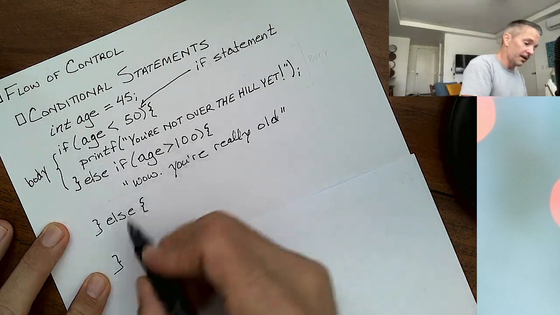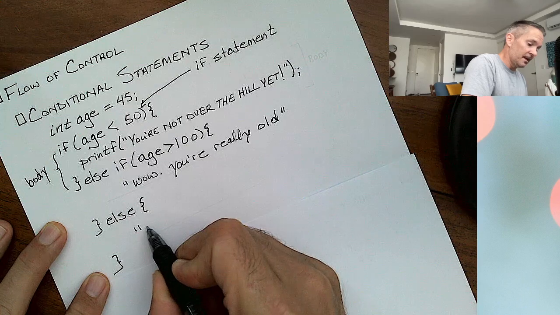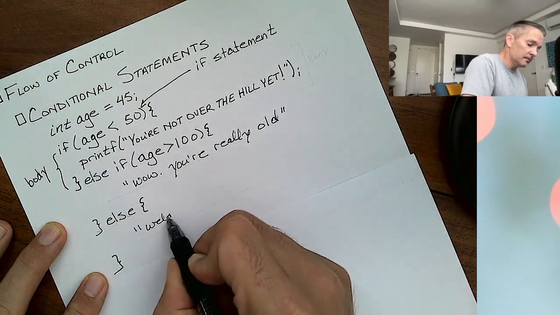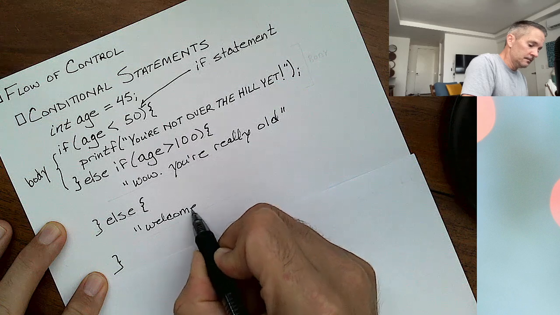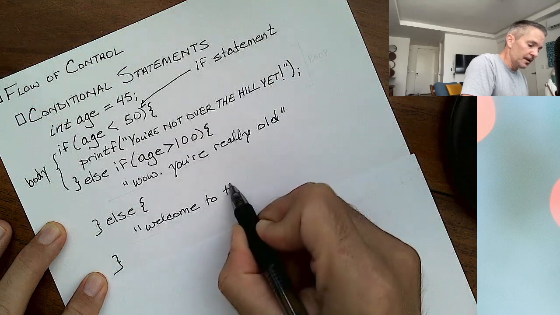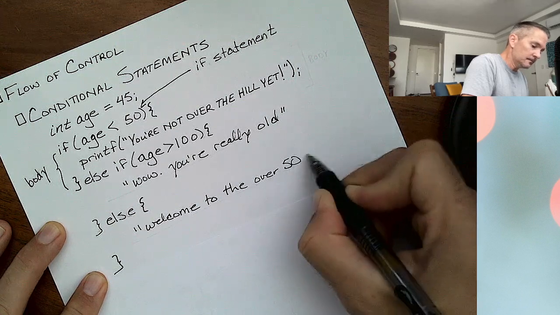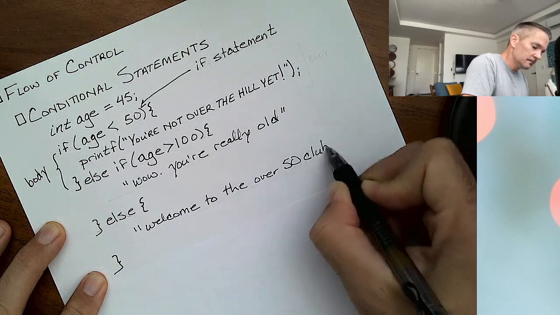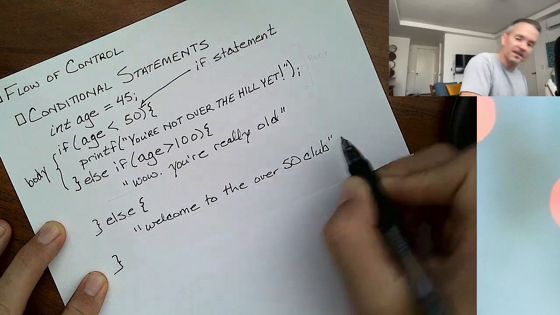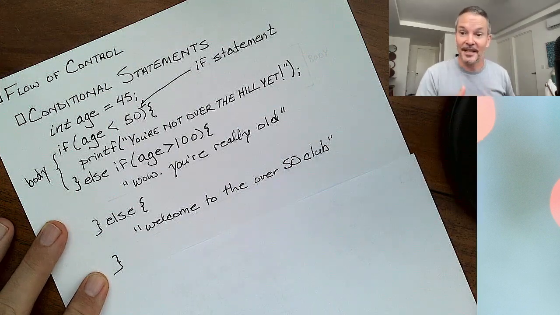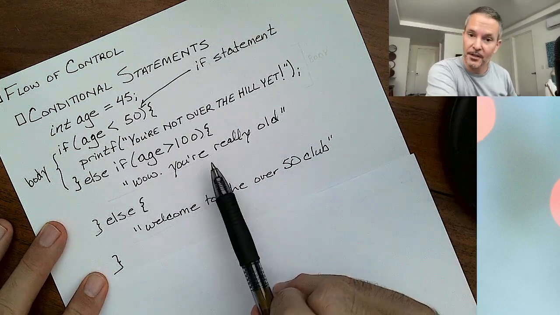So here we might say something like, welcome to the over 50 club. Again, I'm not writing the full print statement. I'm just explaining we could put a print statement here.